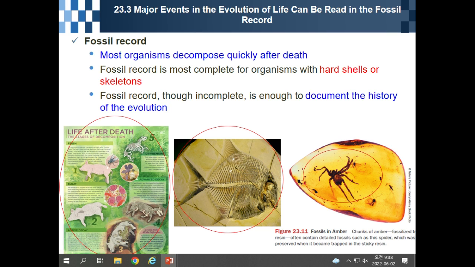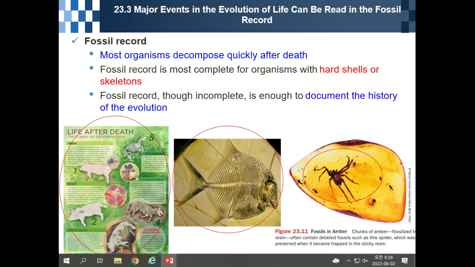So this is a fossil in amber. There is an insect here. Nowadays we have technology, and we can extract the DNA from this insect. Even though we only have a small fossil record, we can document the history of evolution because of our new technology.